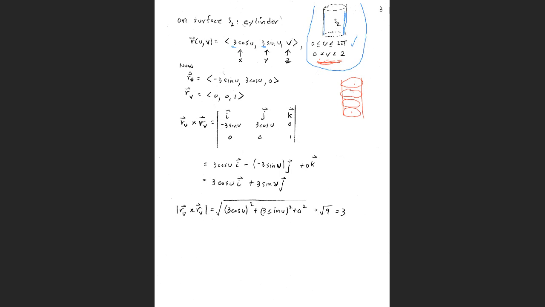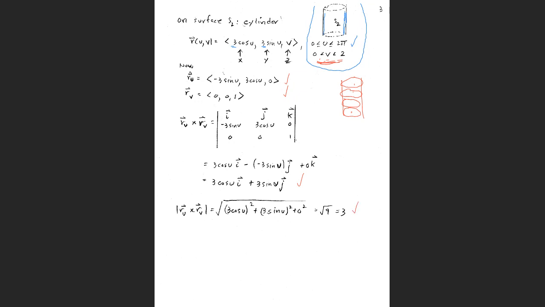Okay, I'm ready to go again now to get my second surface integral. I'll compute the derivative vectors with respect to u and v. And then I'll find the cross product of those derivative vectors. And then I'll find the length of that cross product vector, which turns out to be 3.